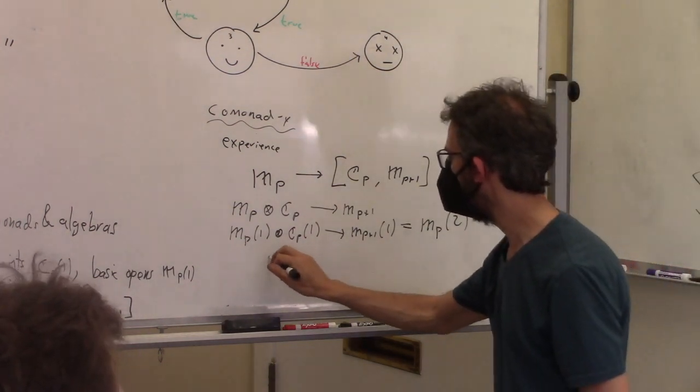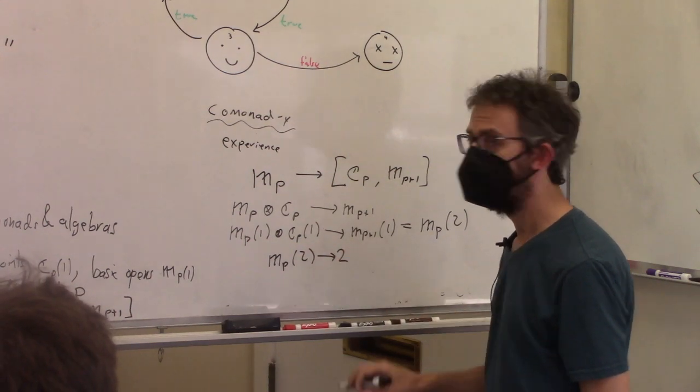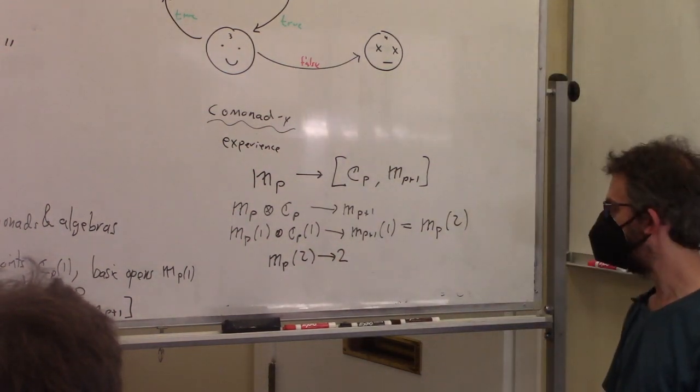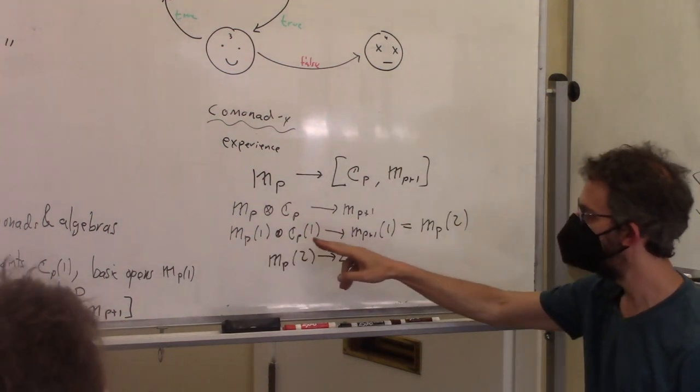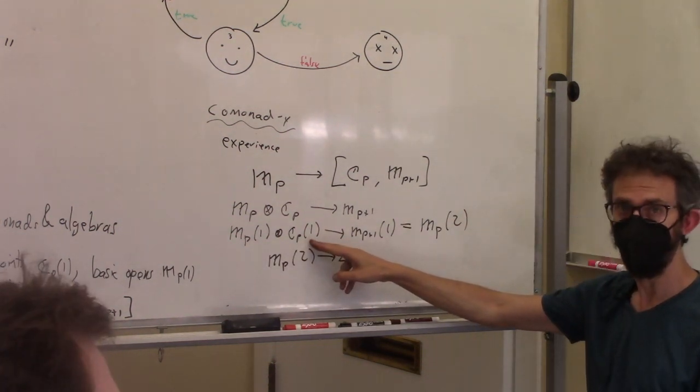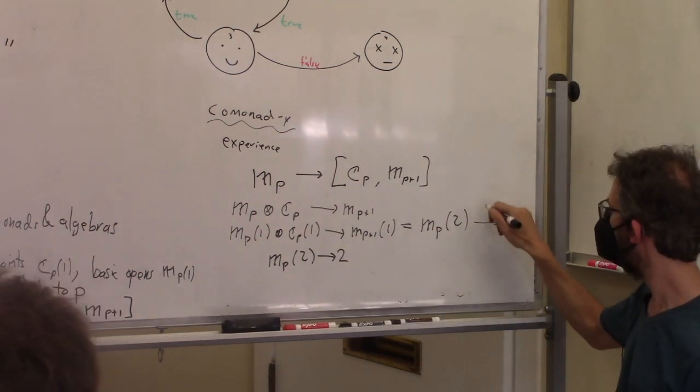And so what I want to give you is a map from MP of 2 to 2. Because if I could give you a map from MP of 2 to 2, then I would have a map that takes an open and a point and gives you yes or no. I wish I had this map.